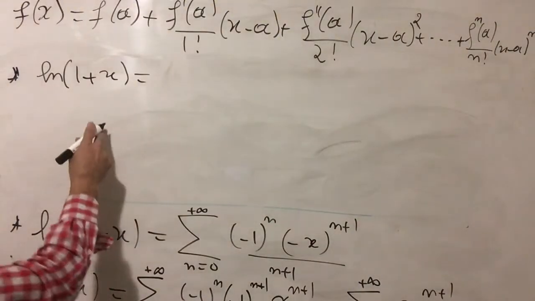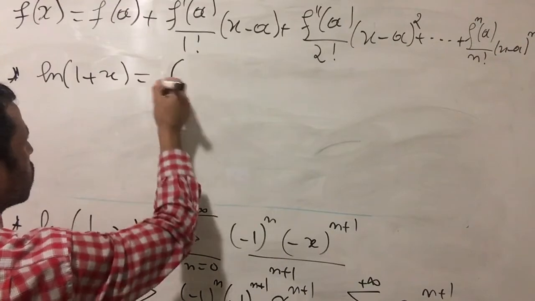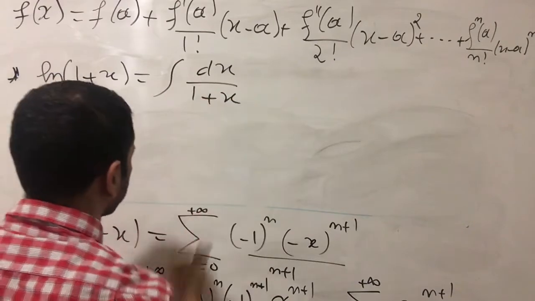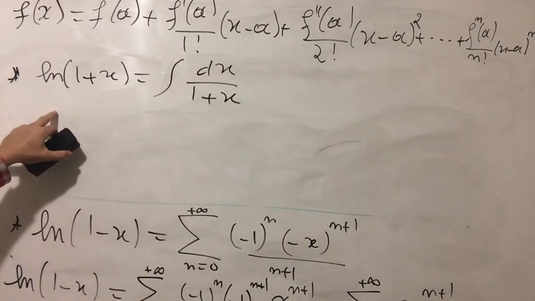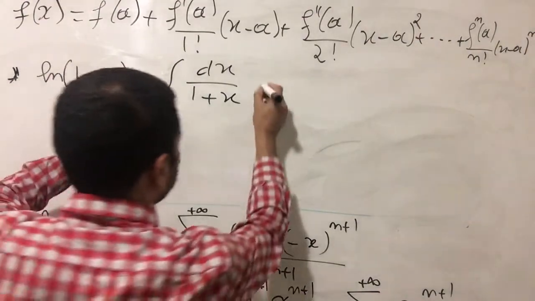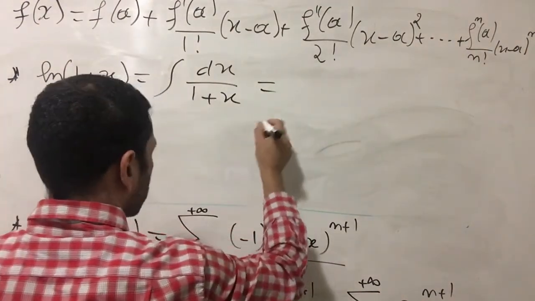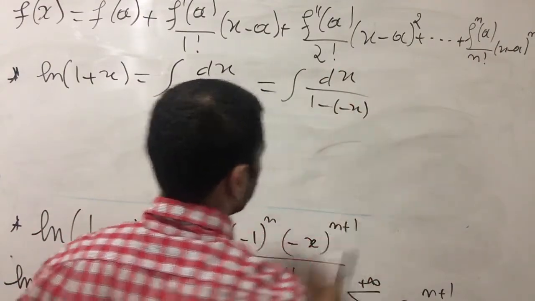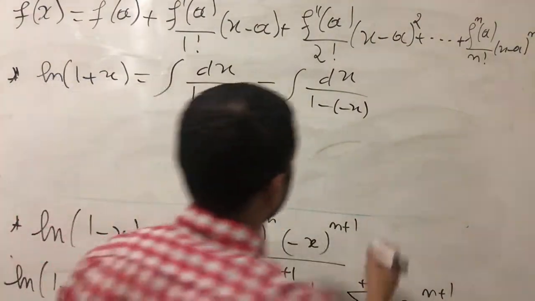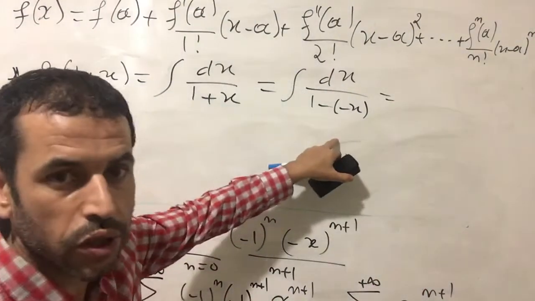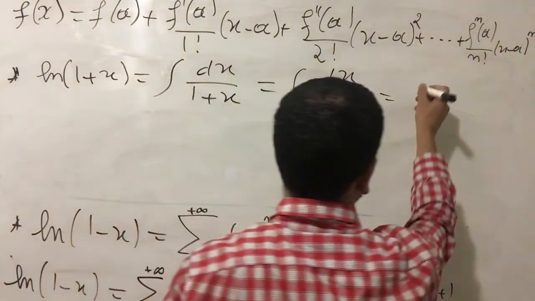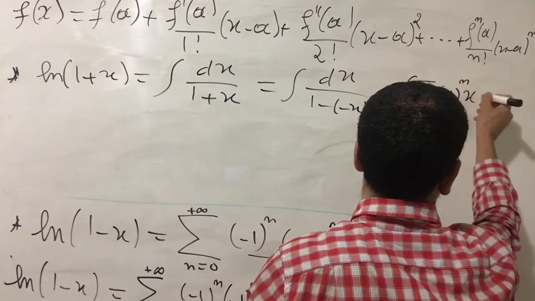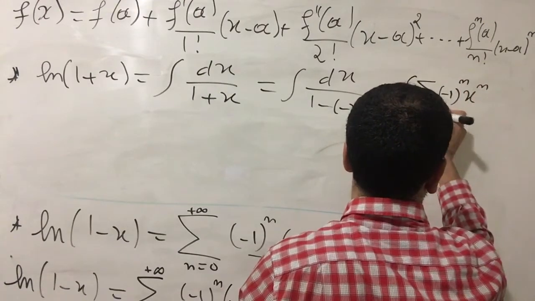Now, natural log of 1 plus x equals the integral of dx over 1 plus x. So we already found the sum. I'm going to put this on the form 1 minus x. As you see here, this is a geometric series, so it is written in this form: the sum of minus 1 to the n multiplied by x to the n as n goes from 0 to plus infinity.